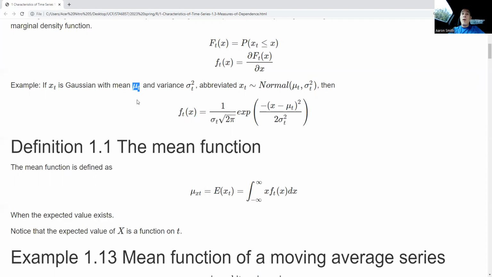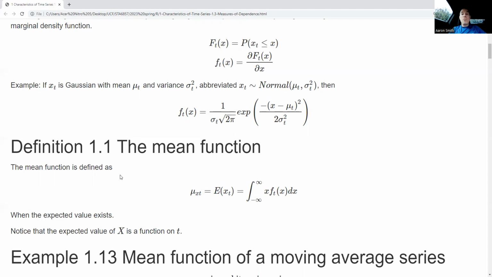This could actually vary across time, but once I have a hard fixed time component, I know the t, it's considered a fixed parameter value. We'll abbreviate this as x sub t. The time series is normally distributed with a mean and a variance at that particular point in time. And here is the standard bell curve function.